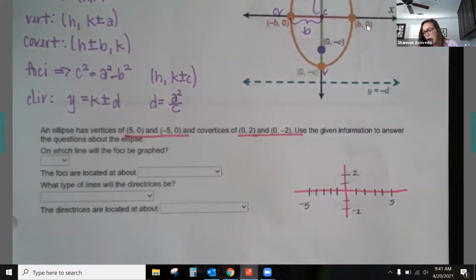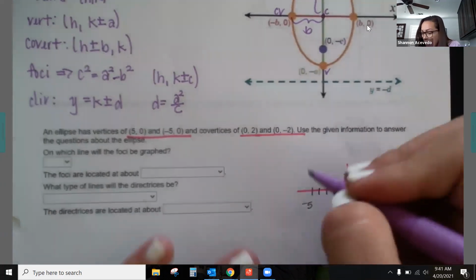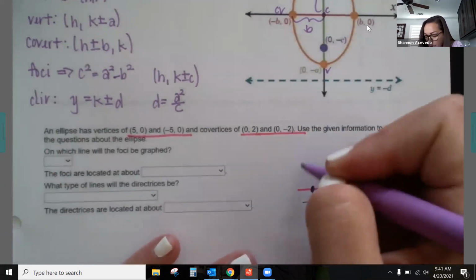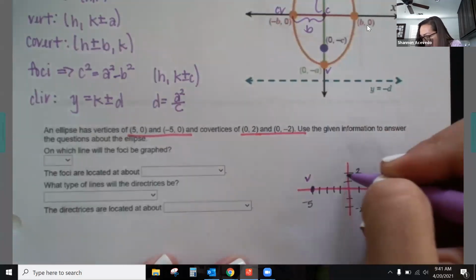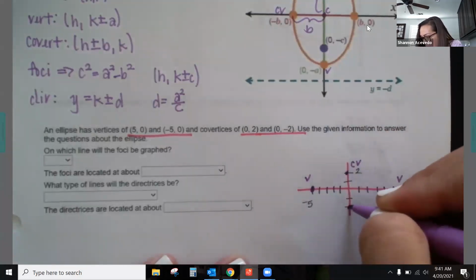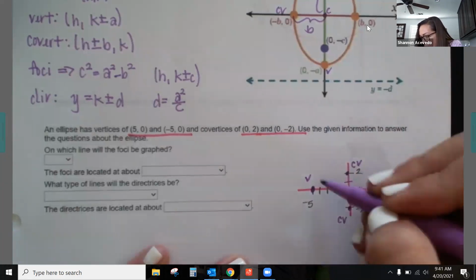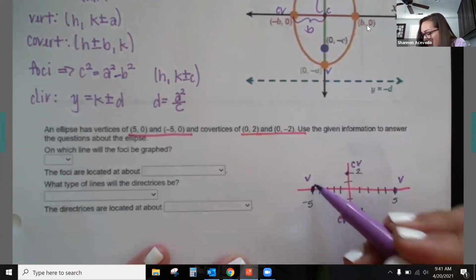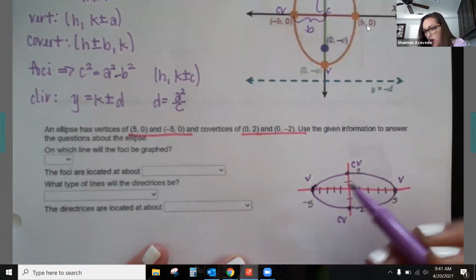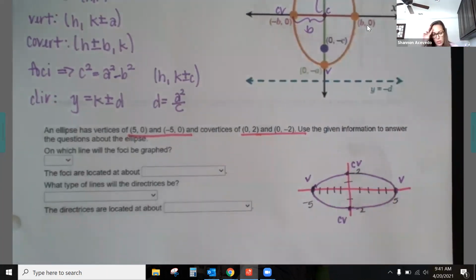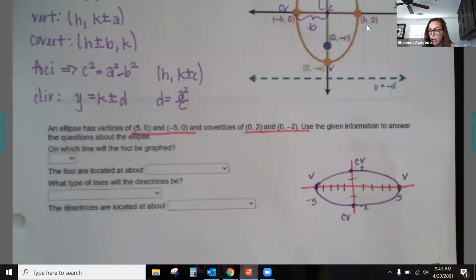Okay, so here's what I have. I have a vertice, I have a vertice, I have a co-vertice, and a co-vertice. So my ellipse is going to look something like this. All right, my first question says, on which line will the foci be graphed?